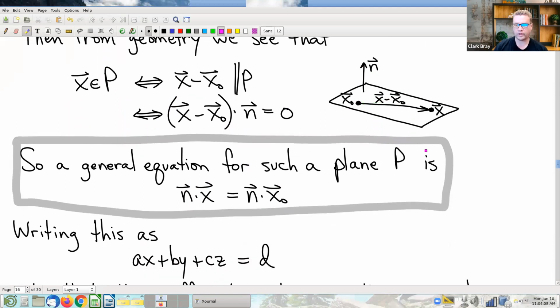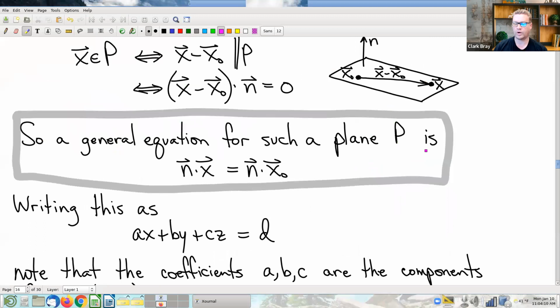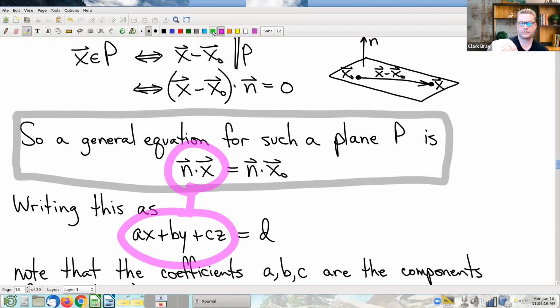Now, I'll point out, I think this is worth noticing, that if you crank out that dot product, and keep in mind, the coordinates of the x vector, x, y, z, that's the point whose position you're testing. If you call the normal vector coordinates a, b, and c, the nice punchline is you can read that backwards.